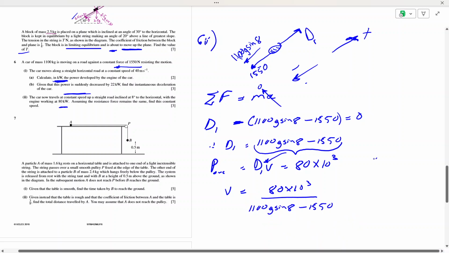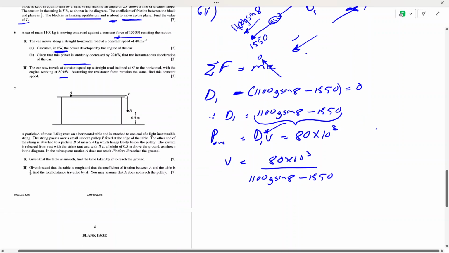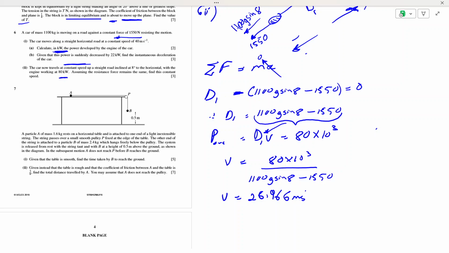Like that. Then I'll get my new velocity is 25.966 meters per second. So when I put it to 3 significant figures, it's going to be 26.0 meters per second. And that's it.